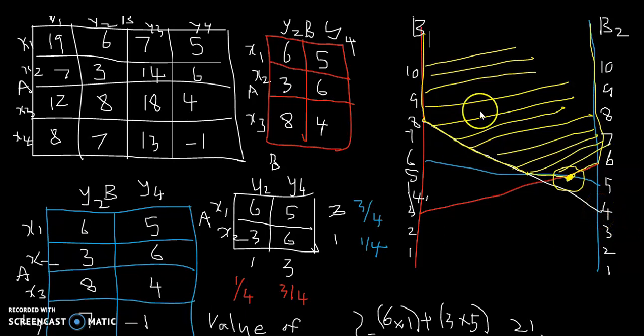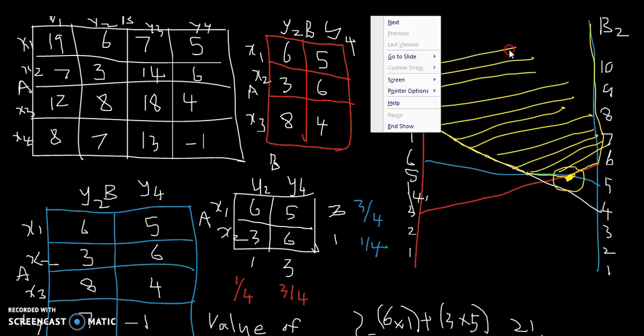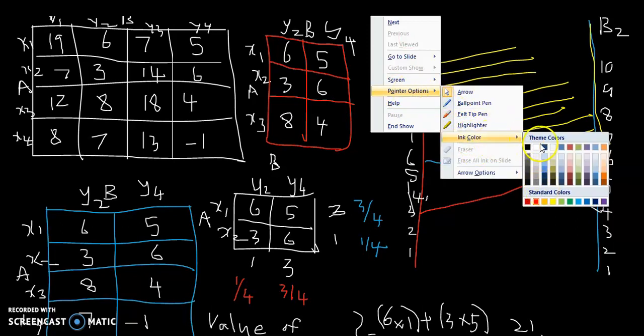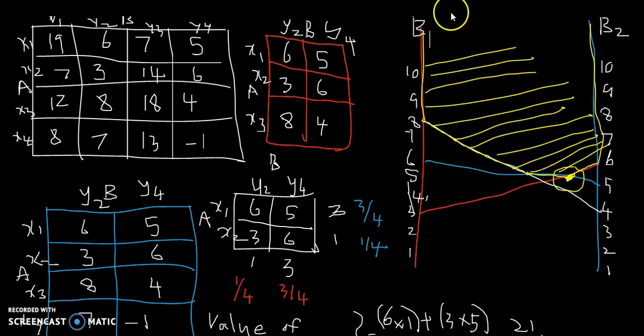Now all this above area gives the maximum loss to player B. I have to mention that, then only it would be easy to understand. This is the maximum loss area for player B. Among these, what is his aim?